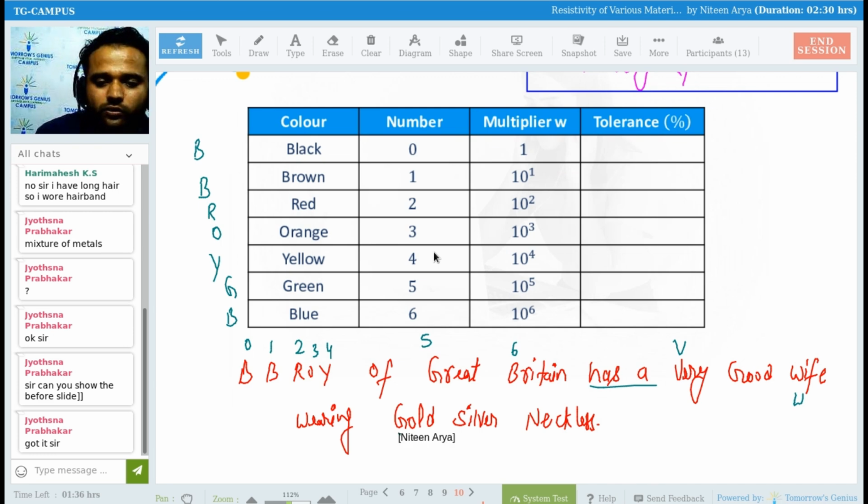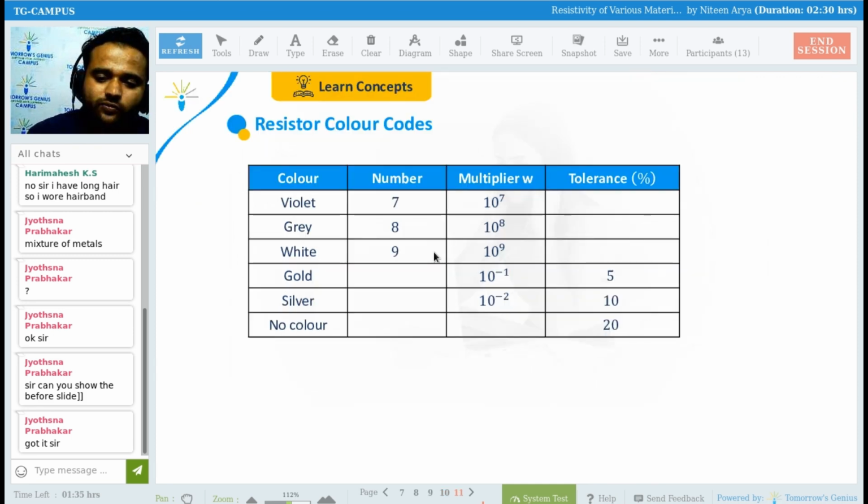Wearing is nothing, then gold for tolerance, silver for tolerance, and no color for none. So in this way: violet, gray, white, gold, silver, no color or none. In this way you can write it down or remember it.